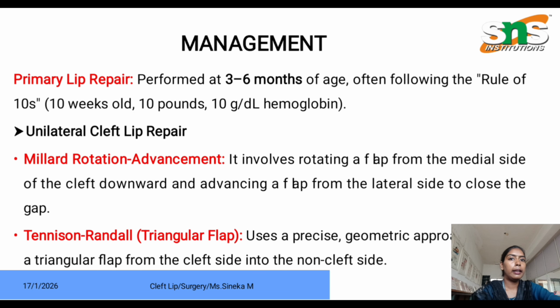Unilateral cleft lip repair. For this cleft lip, the surgeon will perform Millard rotation advancement, rotating the flap and fusing the sides of the lip. Next is the Tennison-Randall triangular flap, a precise geometric approach using a triangular flap from the cleft side into the non-cleft side.